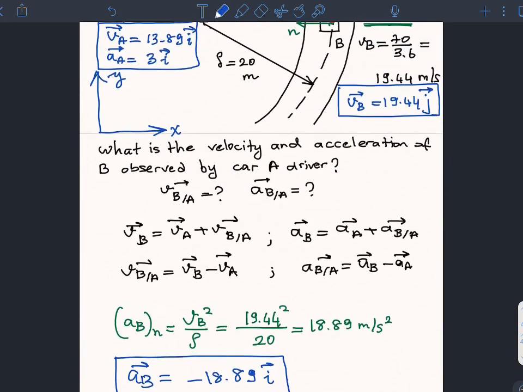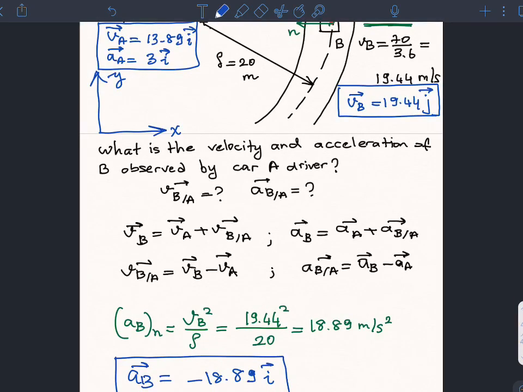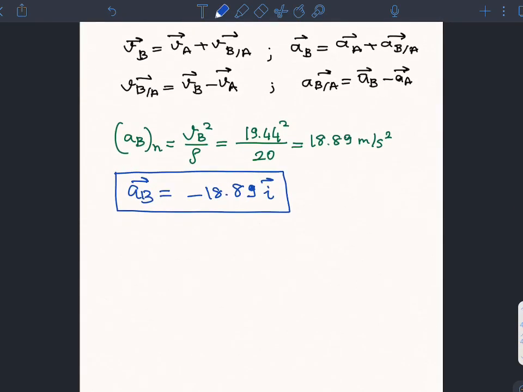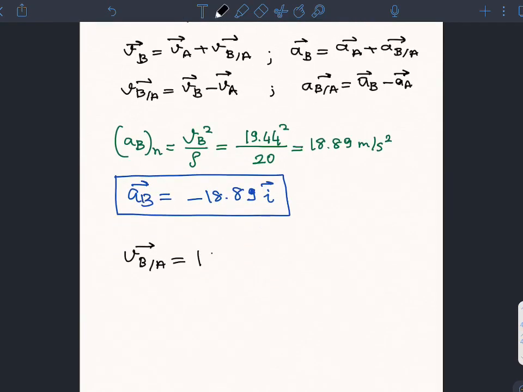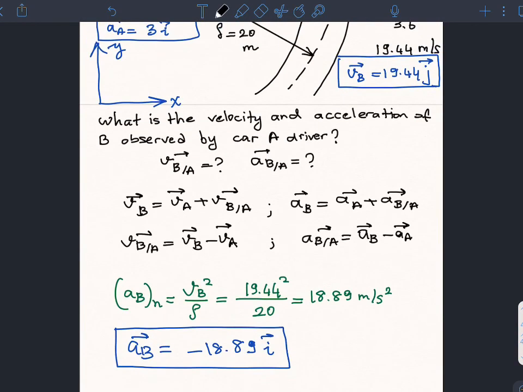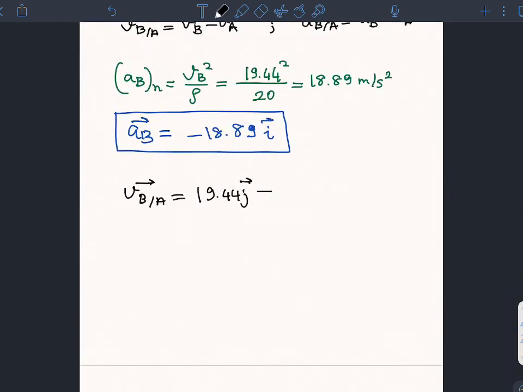So we determined the velocity and acceleration of A in vectorial form, and the velocity and acceleration of B in vectorial form. Now we can plug these in to calculate the desired quantities. Let's start with VB with respect to A. VB with respect to A is going to be VB, which is 19.44j, minus VA, which is 13.89i.